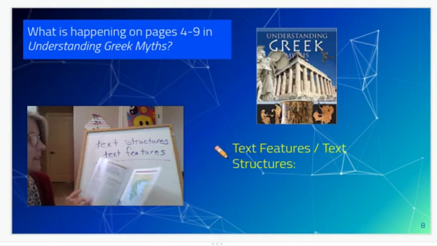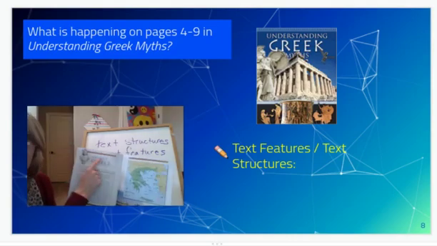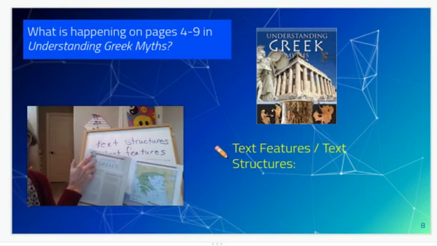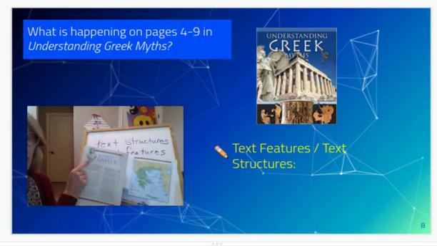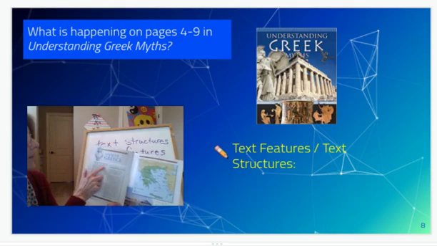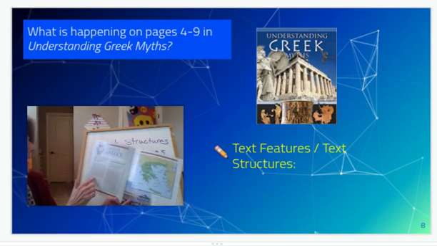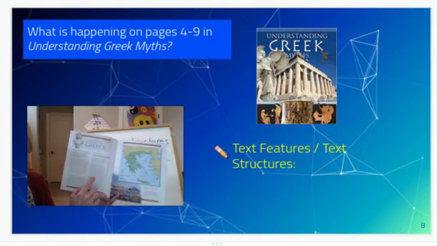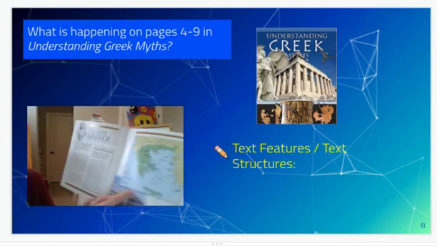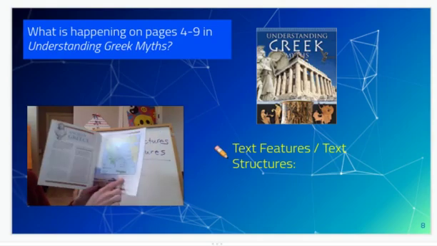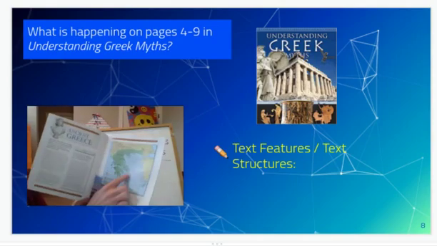So we have titles. We have a statue here, which is a photograph of the statue, but under it, we have a caption that tells you what this is. You've got headings, you've got bold words, you've got maps. And more captions.